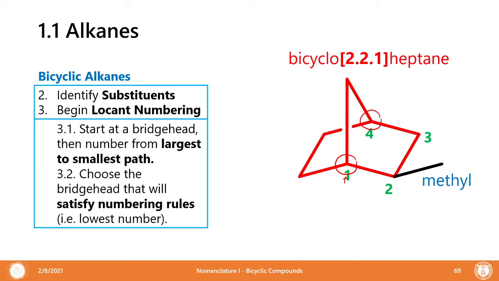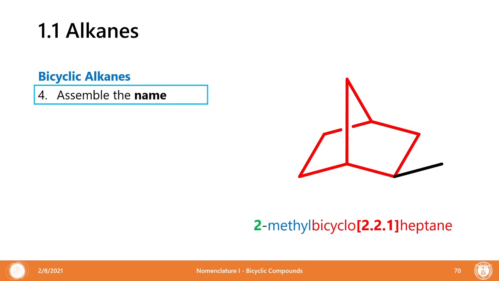So we have methyl there. 1, 2, 3, 4, followed by 5, 6, because that is our next largest path, followed by 7 at the very top. And so again, we choose the bridgehead that will satisfy the numbering rules, so it has to have the lowest number. So this is the configuration of numbering that will give us the lowest number for methyl, which is number 2. And so when we assemble the name, we have 2-methylbicyclo[2.2.1]heptane.